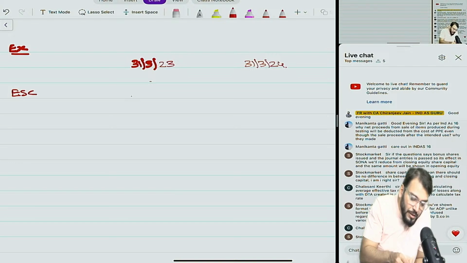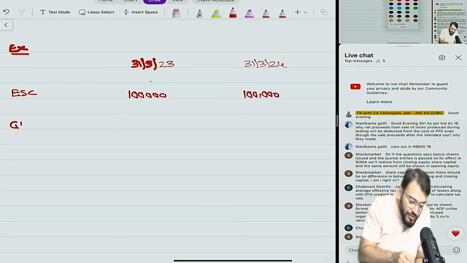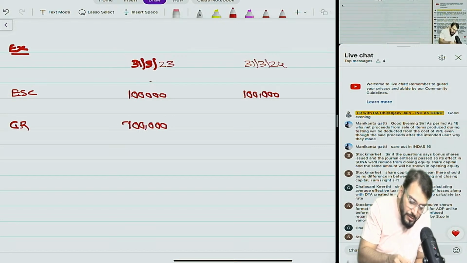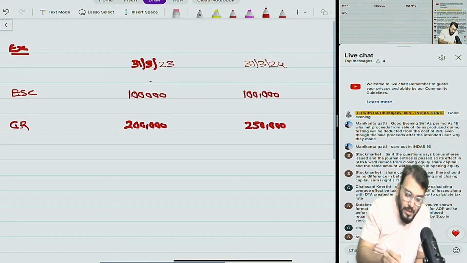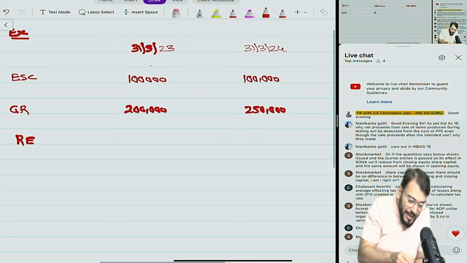And we have an equity share capital of 1 lakh and 1 lakh, and we have a general reserve of 1 lakh and 2,50,000, and we have retained earnings of 1 lakh and 1,50,000.